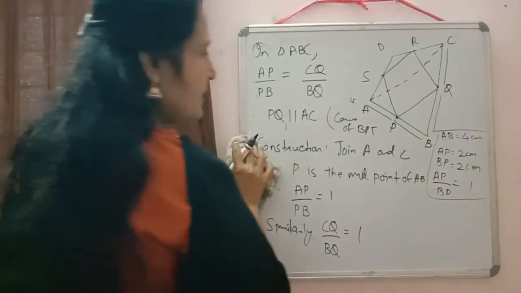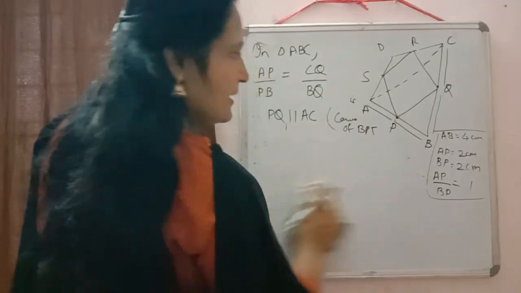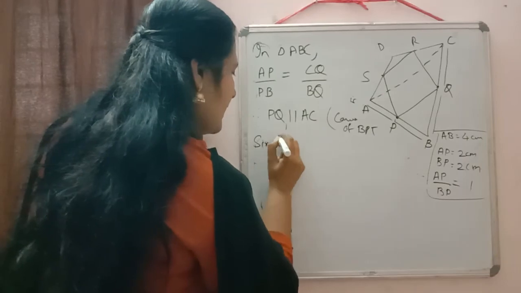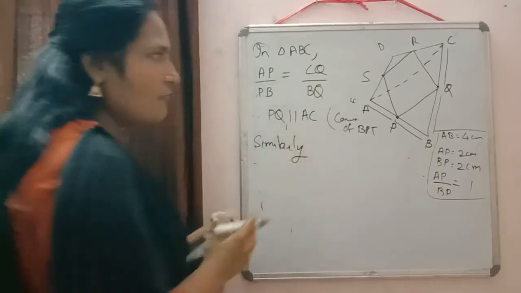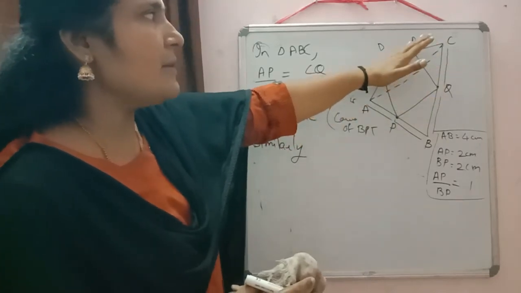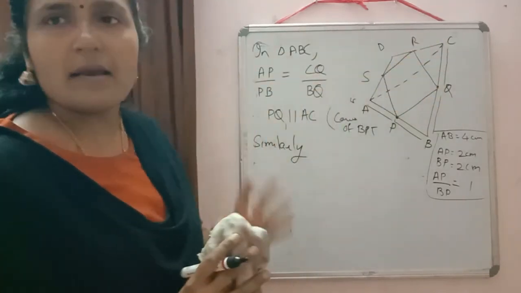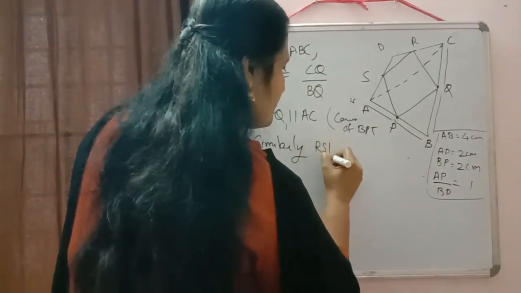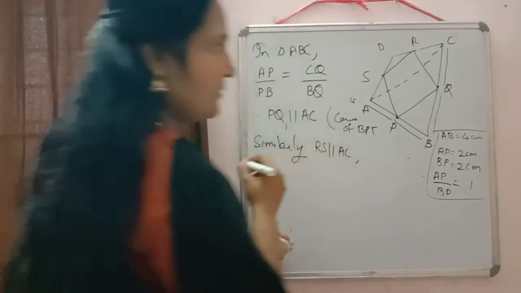So we proved PQ parallel to AC. The second one you don't have to show. That you can write similarly. In the same way we can prove RS parallel to AC. Similarly, RS parallel to AC.